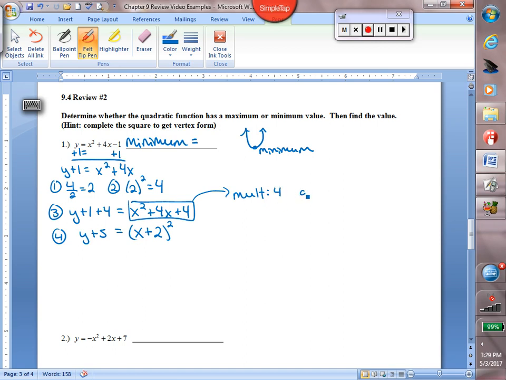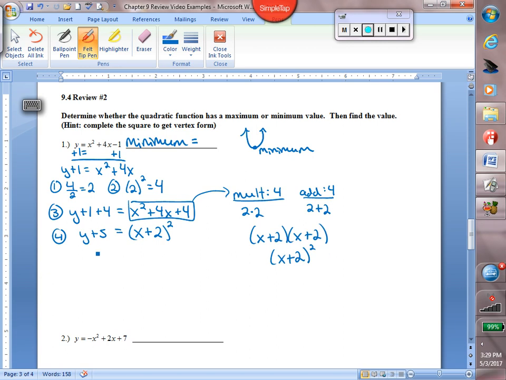Multiply to get 4. In this case, we're also adding to get 4. What will work is 2 and 2. Those are the values that go in the parentheses when we factor, and that would give us x plus 2 squared.